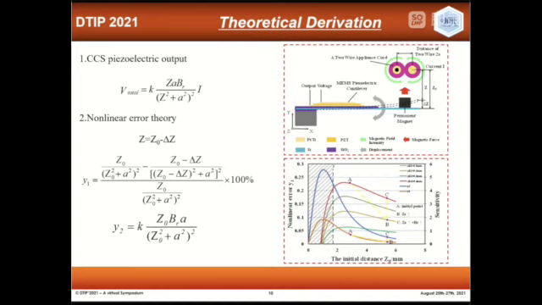Then the distance d between the cantilever and the wire will constantly change. So the above linear relationship is no longer valid, which leads to the generation of the nonlinear error in the system, as in the figure, and decreases the measurement accuracy.